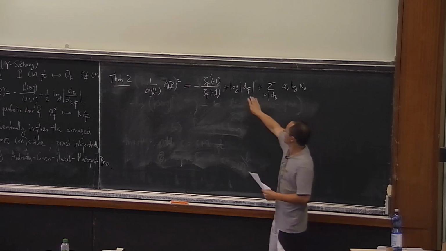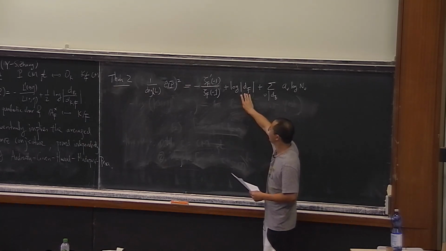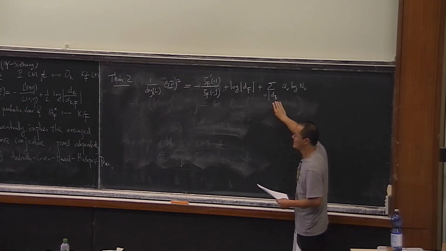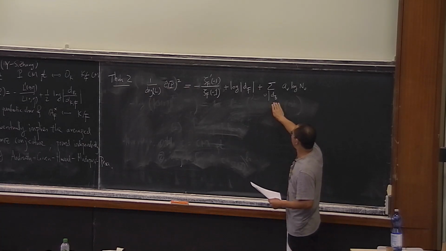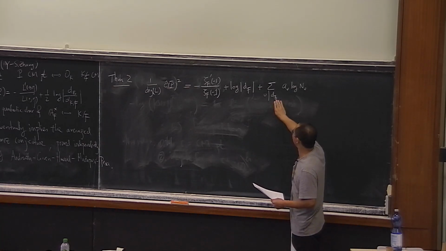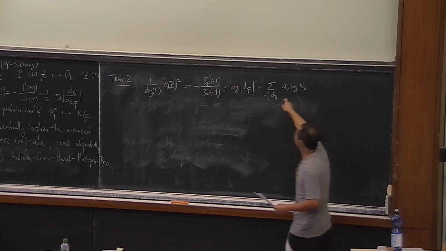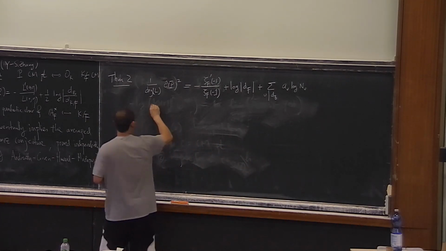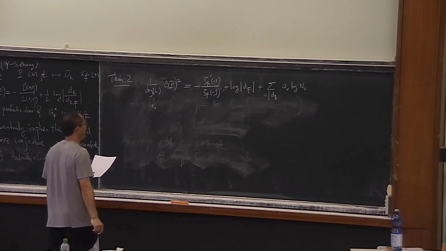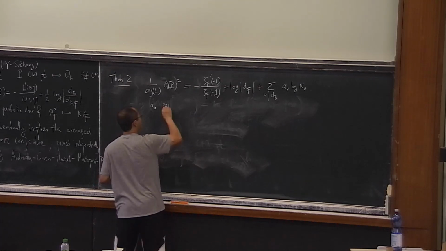This is for the ramification of F over Q, and we also have ramification of B. So the places that ramify in B. And for this one, we have, of course, log Nv, where Nv is the norm. But this a_v is tricky, explicit.